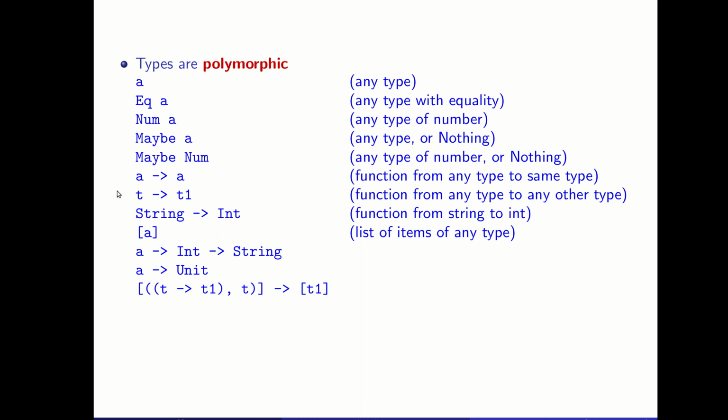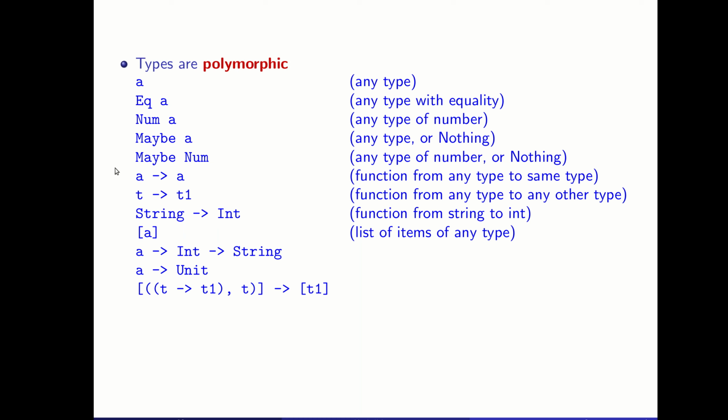Sometimes when we have more than one type, the Haskell system will use T and T1 and T2 to indicate those different types. So here we have something that goes from one type as input to another type as output.